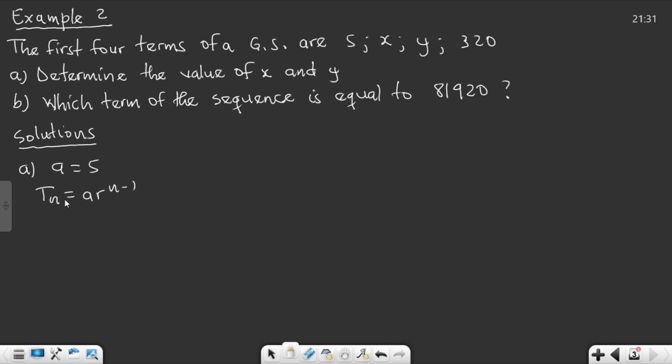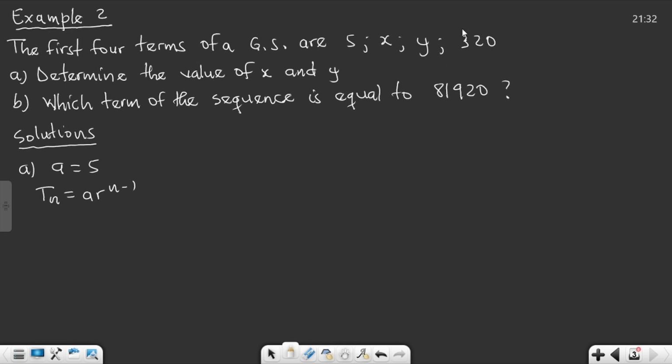So we need to replace Tn with a term in our sequence, and we can't replace Tn with the first term, in this case 5, because you're going to end up having one side of the equal sign equal to 1, and any number to the power 0 will give you 1. So it will not help you to solve for r. It will be wise to use the other term.